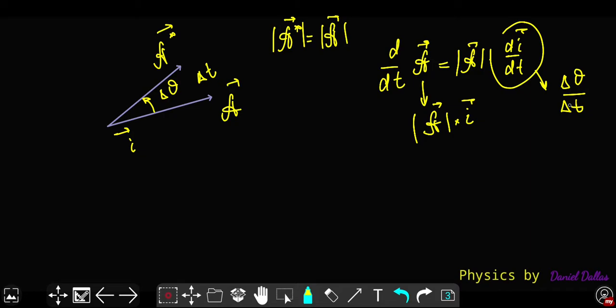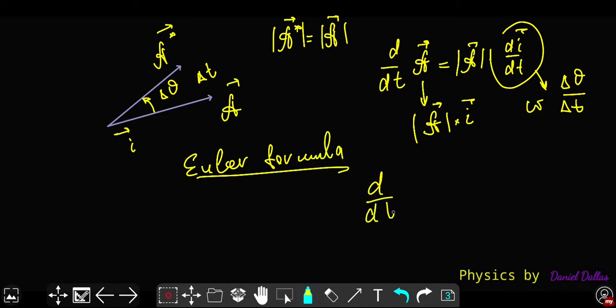So you're looking for the rate of change of the angle, and that becomes omega. So the Euler formula tells you that in this case, if you apply the operator of differentiation to the vector, you'll finally get the vector product omega by the vector itself.